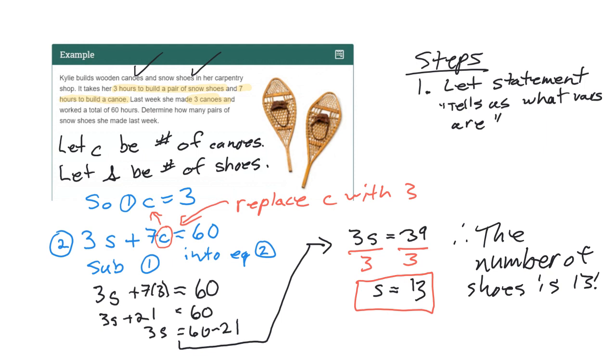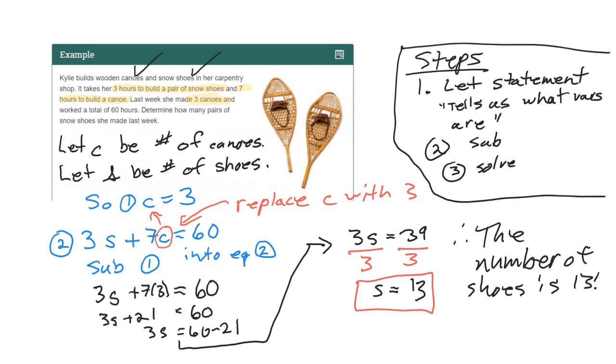Step 1 was to set up our let statements. Step 2, we have to do some sort of substitution. And then step 3, we must solve for what we're looking for. And that's it. There's not much more to it. Those 3 steps are what we follow each time.